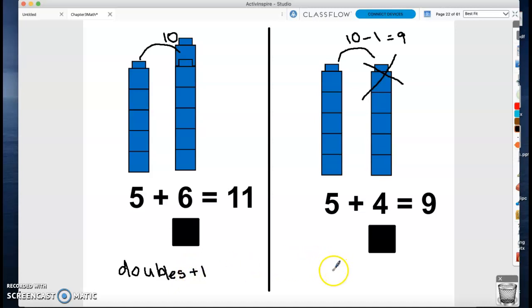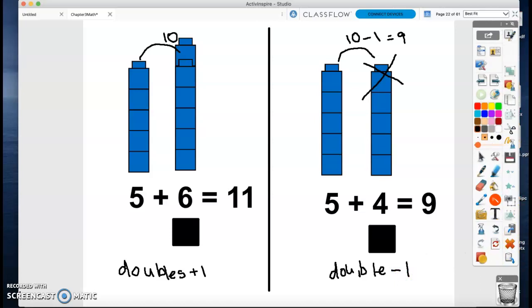On this one, where we use doubles, it's called doubles minus 1, because we subtracted 1 from that.